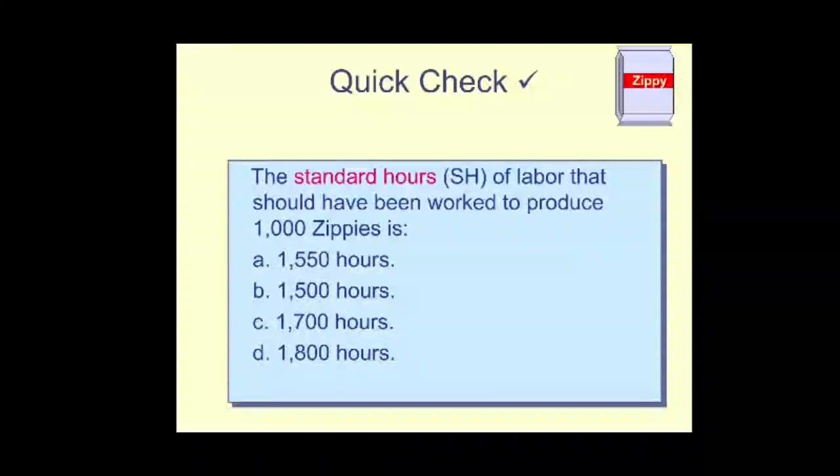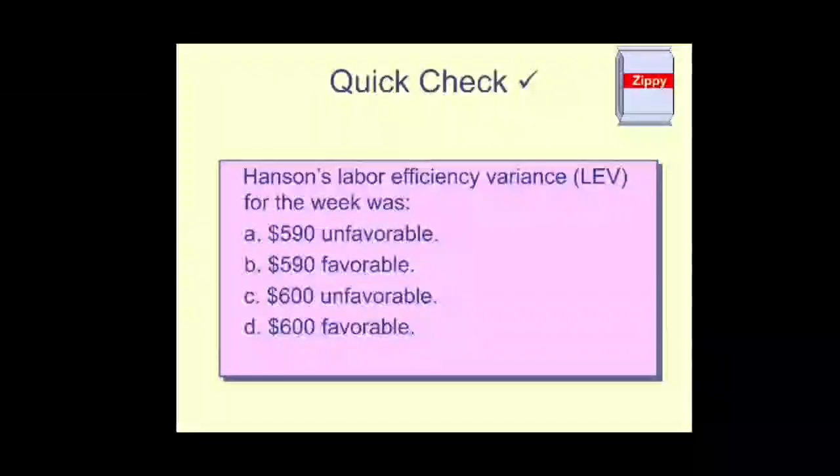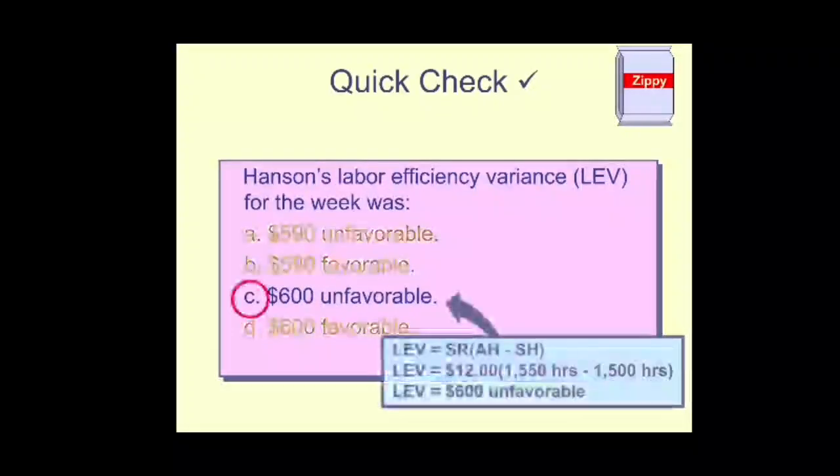And then the question asks you to calculate standard hours. Standard hours is easy. You calculate 1.5 hours, which is the standard hour, times 1,000 units of ZP. So the standard hours are 1,500 hours. And then, how to calculate the labor efficiency variance? You use the formula: the labor efficiency variance equals standard rate times actual hours minus standard hours.